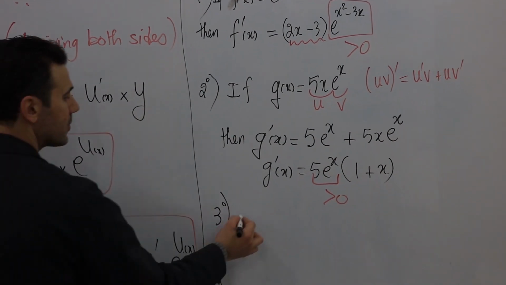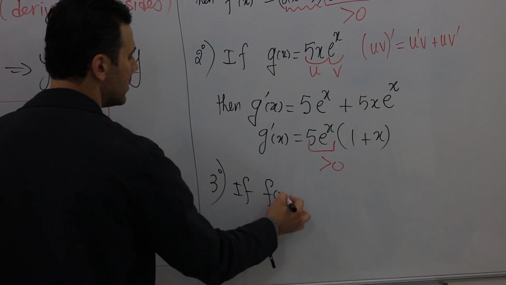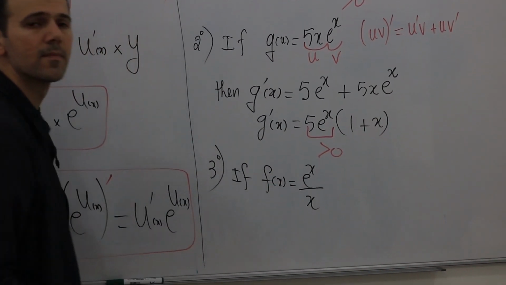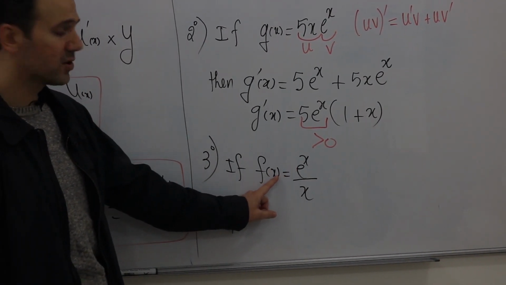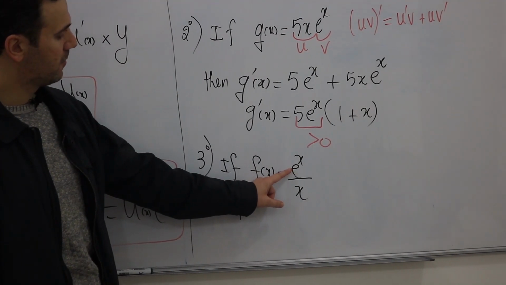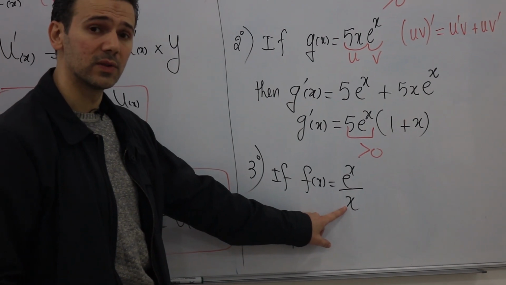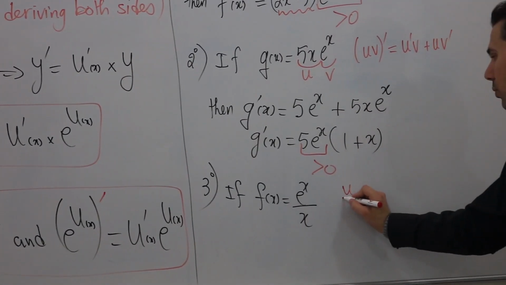Let's say we have f of x equal e^x over x. Again, as you see, we have a function with numerator e^x and denominator x. It's not constant. So this reminds us of the form u over v.